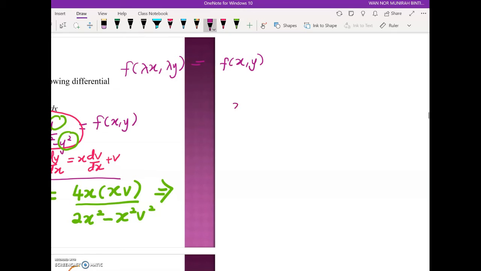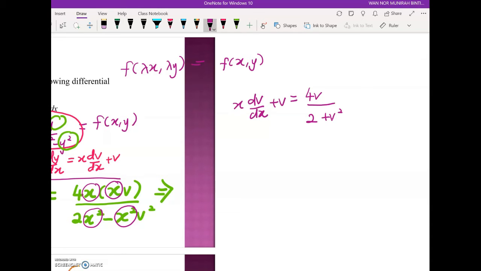So x dv/dx plus v on my left, and on the right-hand side I have 4x squared v over x squared times the quantity. When we factorize x squared and cancel out the denominator and numerator, I can conclude that I have 4v over 2 plus v squared.